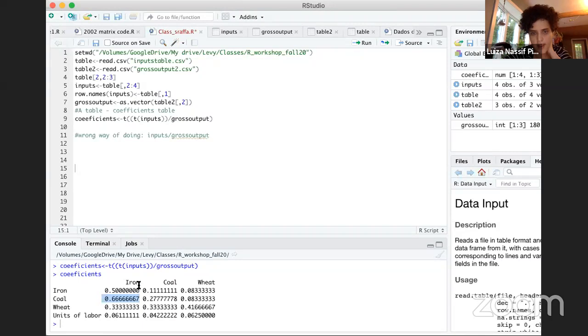So when there is an increase in the production of iron by 1 unit, you have a direct increase in the demand of iron of 0.5, 0.66 units of coal, 0.33 units of wheat, and so on, and 0.06 of labor.